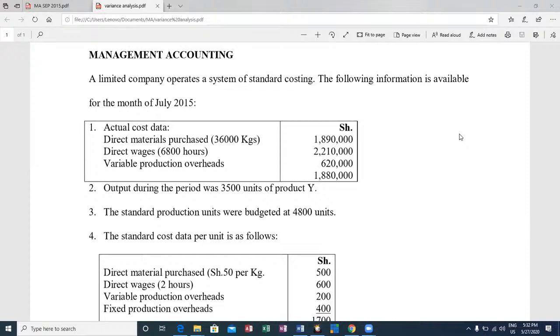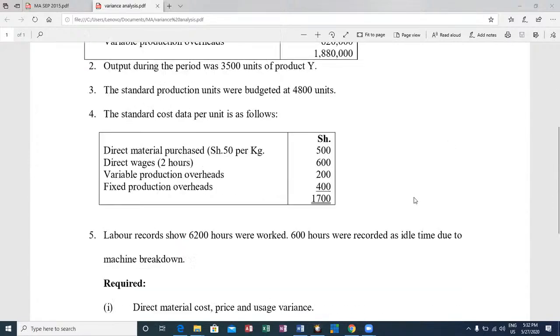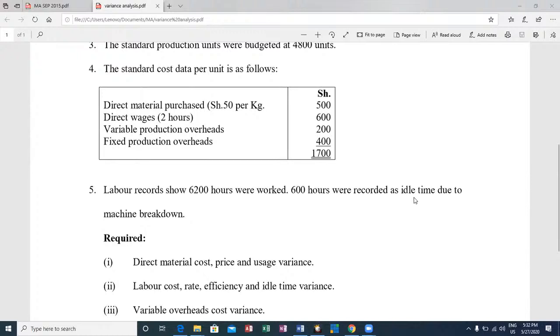And then there is a very important rider down there. If you scroll a little bit down there, you'll be able to see where they're telling us that labor records show that 6,200 hours were worked, and then 600 hours were recorded as idle. Remember, in total, the number of hours in this case here was 6,800 hours.